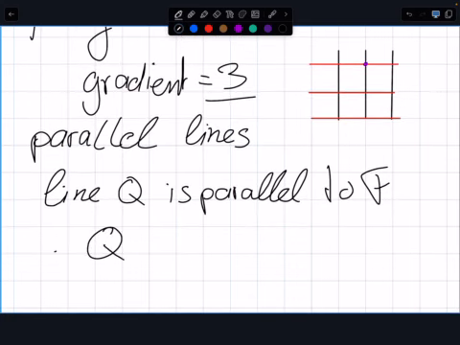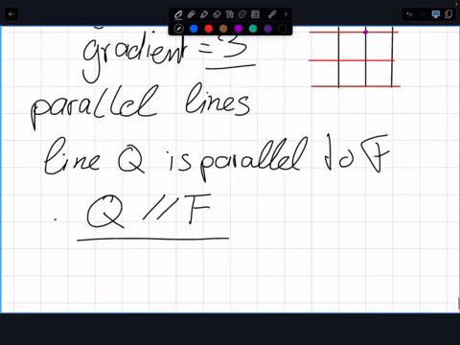It will say this. That means Q is parallel to F. Depending how much time the person who made the exam has, they will either write it down for you, or they will write it in code for you. Q is parallel to F.